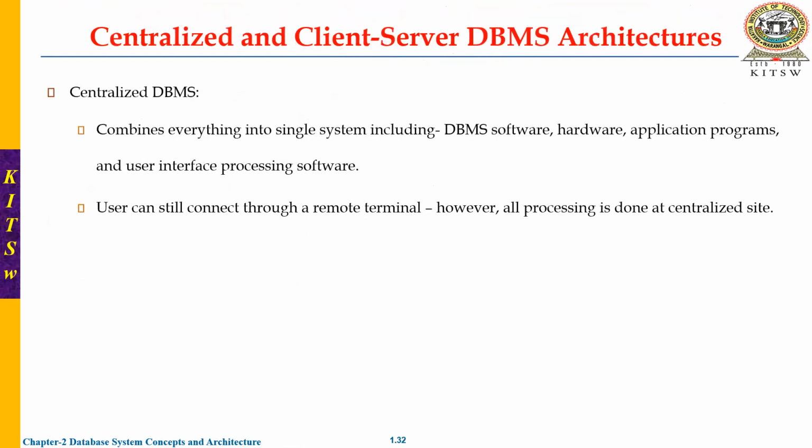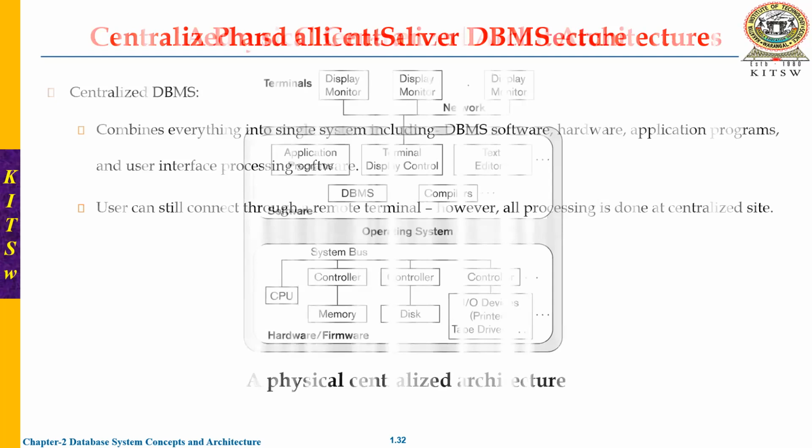Centralized and client-server DBMS architecture. A centralized DBMS combines everything into a single system, including DBMS software, hardware, application programs, and user interface processing software. The user can still connect through a remote terminal. However, all processing is done at the centralized site.